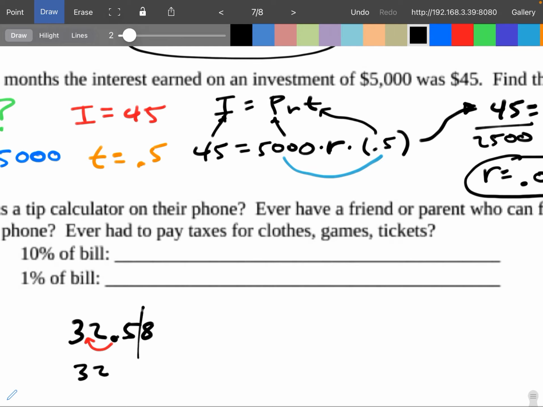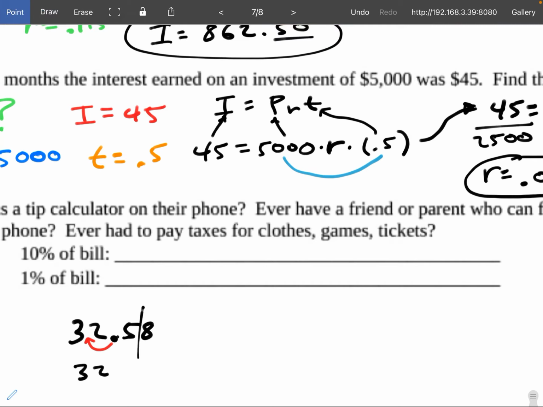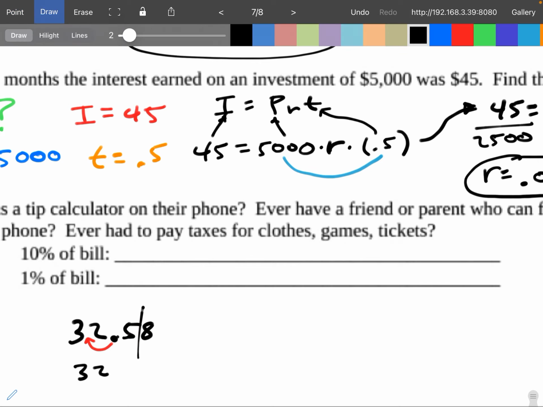And so if you did that, then you'd have 3.2, well, I'd want to round it off right here. Since this number is 5 or larger, I'm going to round that up to a 6. So it would be $3.26.